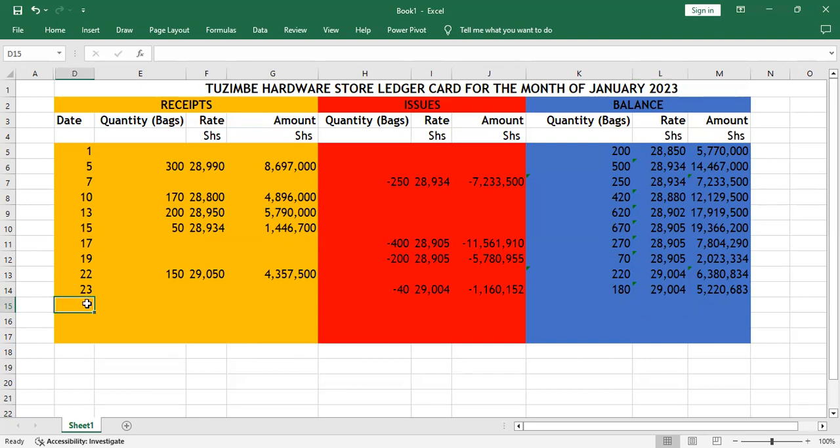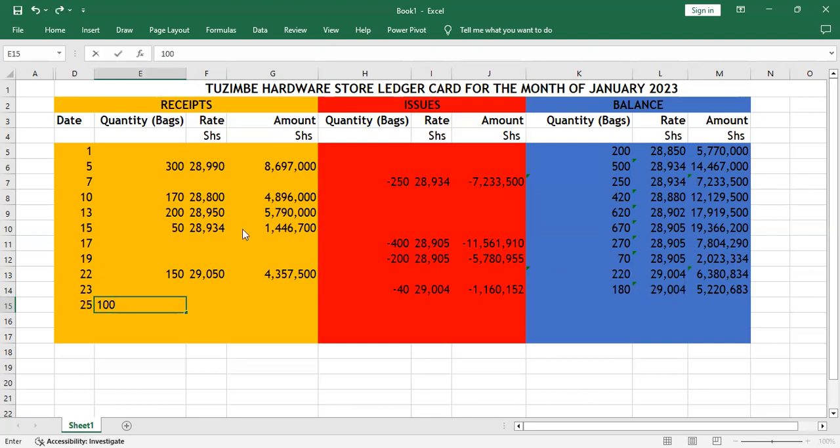What next? On the 25th, we purchased 100 bags of cement. The bags of cement at how much? Let's try to find out the cost of these purchases.